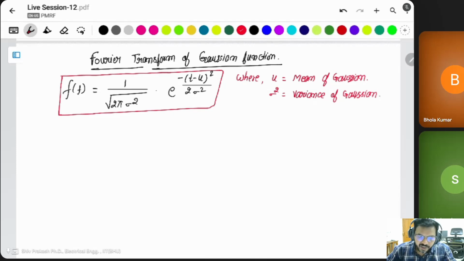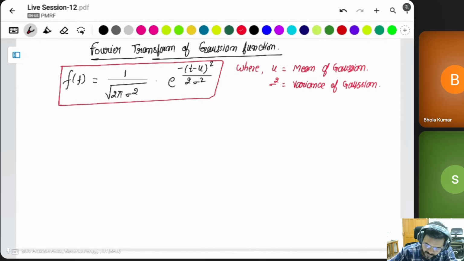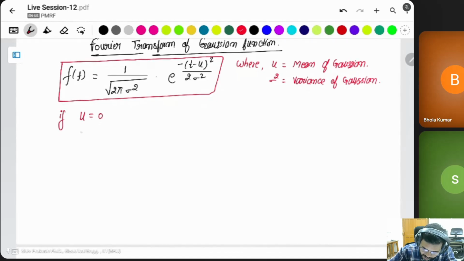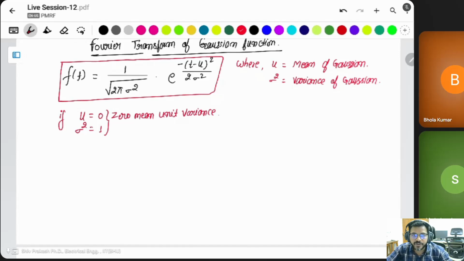What happens if the mean of the Gaussian function is 0 and the variance is 1? That is, zero mean and unit variance.